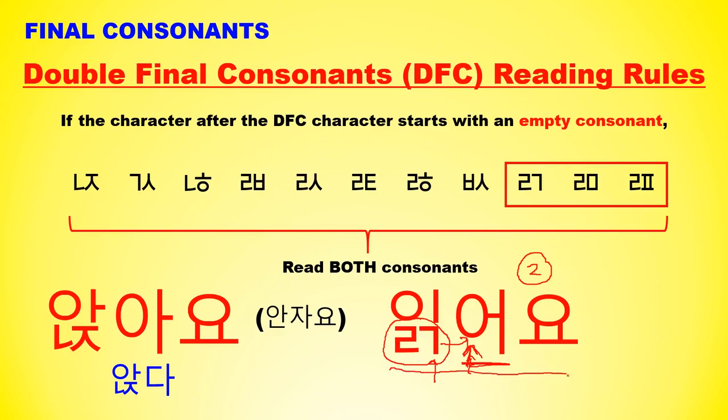This phrase is pronounced as 읽어요. Alright? I'm going to demonstrate how I read it. Start from the top. 일. Go down this way. 일. Okay, 일. Bring the second consonant over. 읽어요.